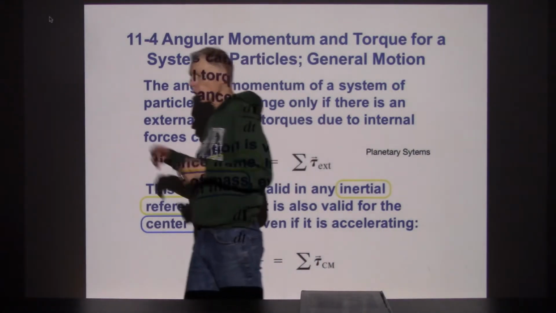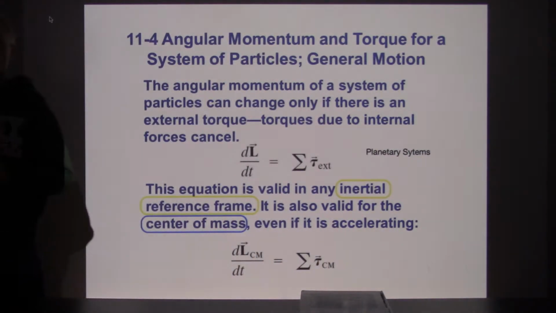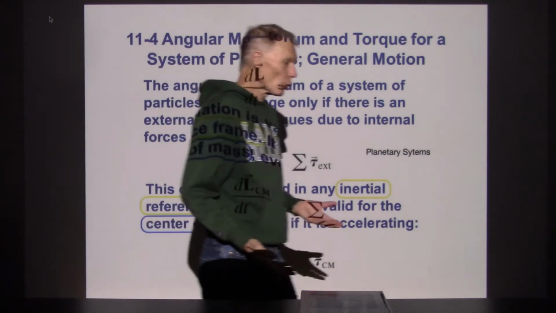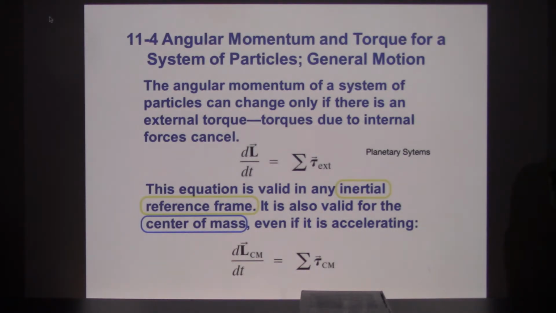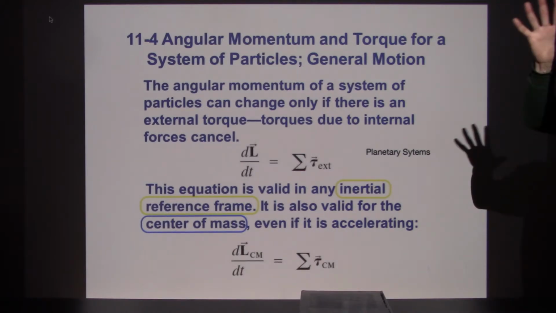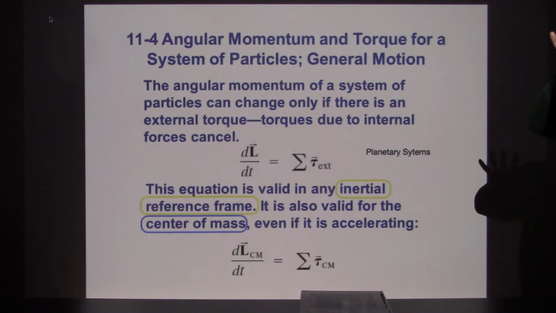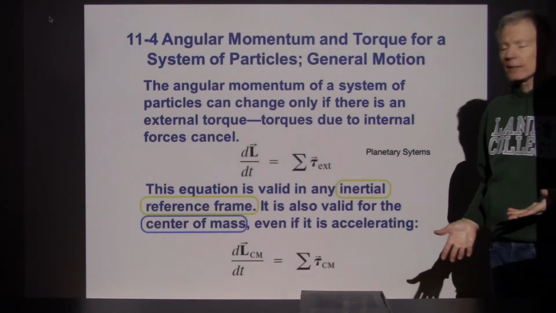So we could say that all of the planets are exerting torques on each other. Like the Earth and the Moon exert torques on each other, and that has resulted in slowing down the rotational rate of the Earth and the Moon. The Earth is not rotating as fast as it was hundreds of millions of years ago, and the Moon has, in some sense, just flat out stopped rotating. The same side of the Moon always faces the Earth. Now, what happened to that angular momentum?